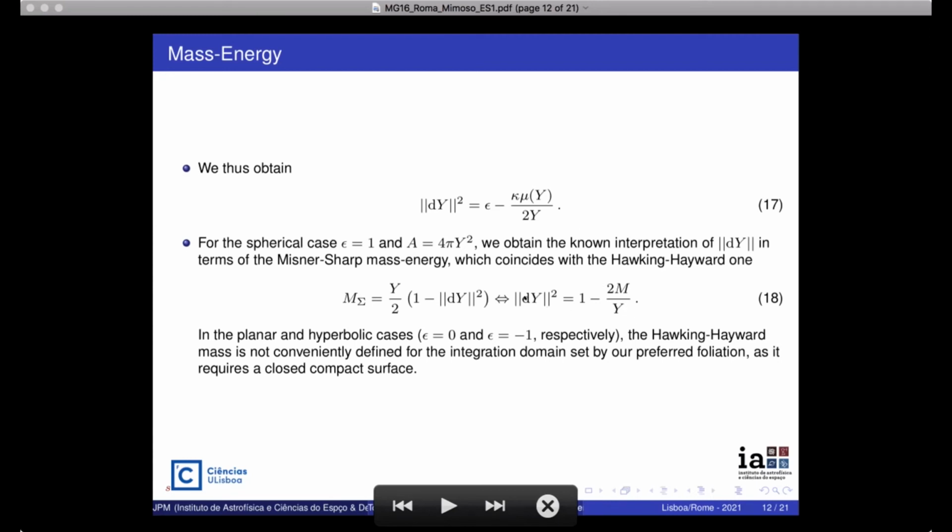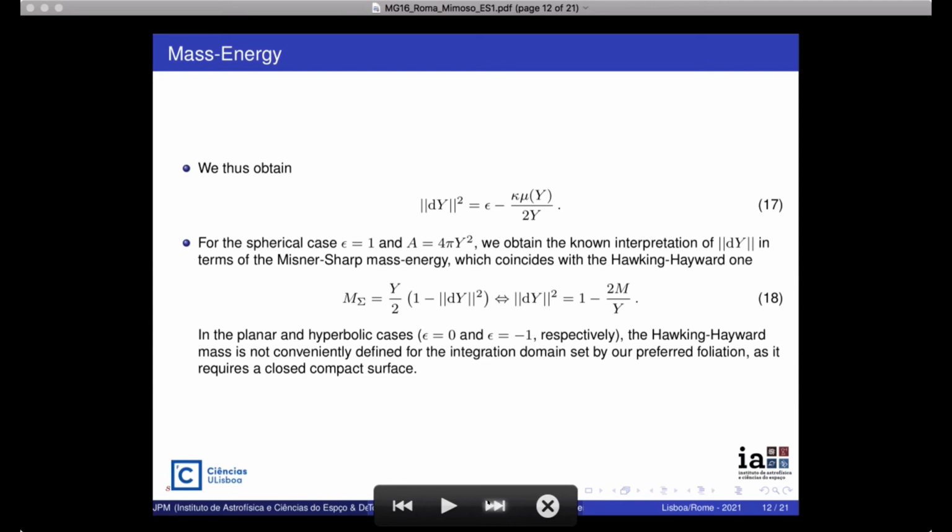And so this is the generalization of this very well-known formula. This is known basically since Tolman, who used these in terms of the gradients of the radial area.